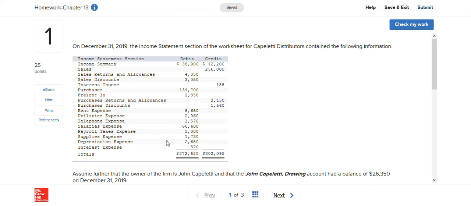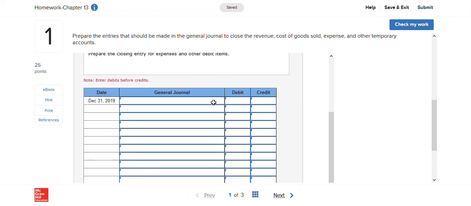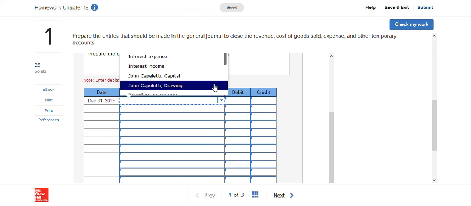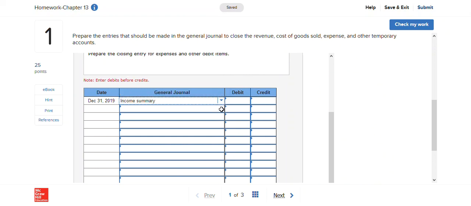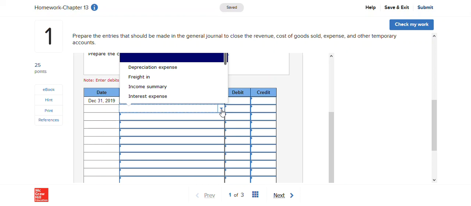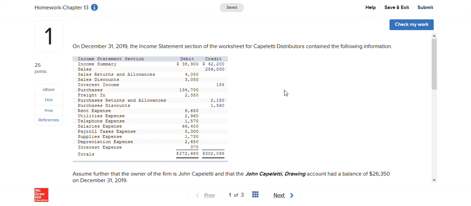And then we have all of our regular expenses. So there's a ton of them. And those all get closed out to income summary. And since they are debit items, they get credited. And lucky me, we're going to do some scrolling here.